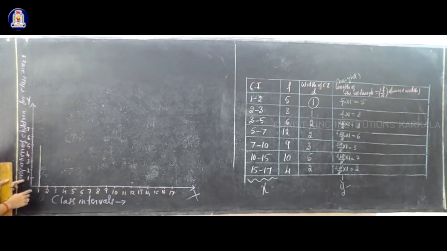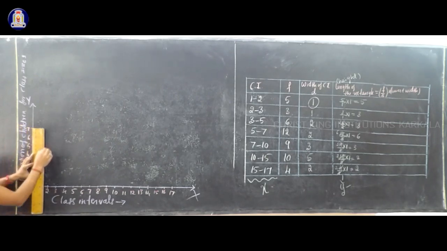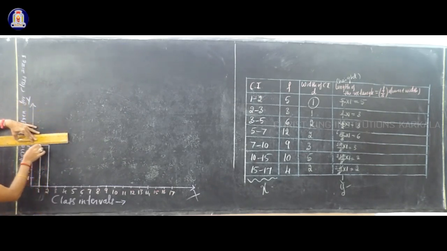In the previous histogram we took this starting point here. Okay, 1, 2, 3, 4, like that, no problem if you start like this, but there should be no gaps between rectangular bars. 1 to 2, you have to draw rectangular bar of height 5. So now this is a rectangular bar of height 5.